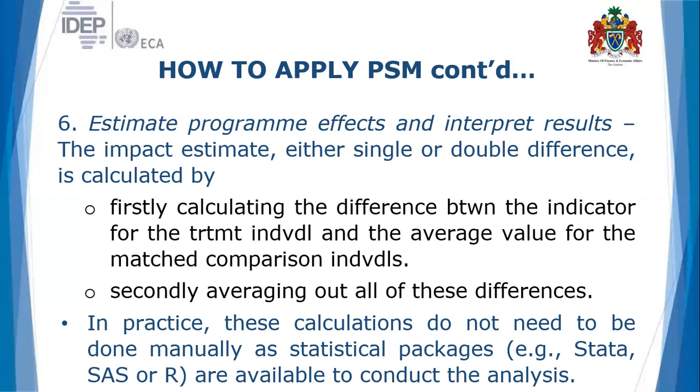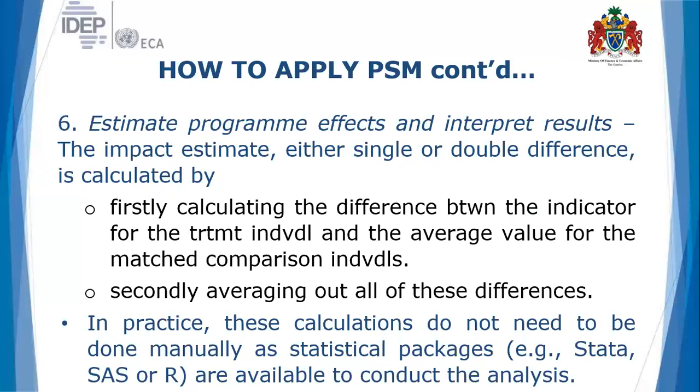As I indicated earlier, propensity score matching can also be used along with the difference in difference method, which can be done either as a single difference or double difference, that is, at a single time after program intervention, or a before and after assessment, that is, using baseline data and data at the end of the program implementation.